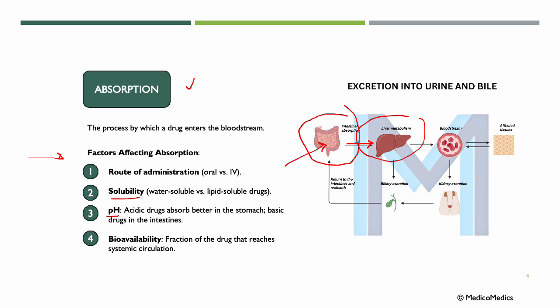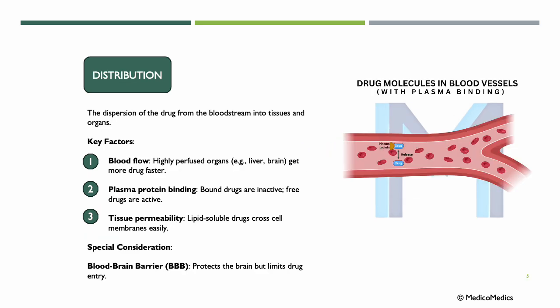Now, once the drug has been absorbed, how does it then travel to its destination? So let's go and explore distribution. After absorption, the drug enters the bloodstream and begins the process of distribution, meaning its dispersion into tissues and organs. Now, this will depend on several key factors.